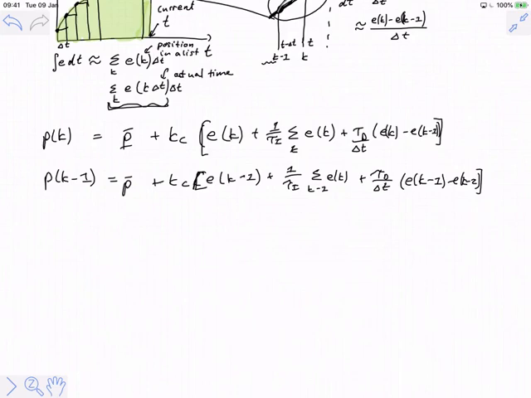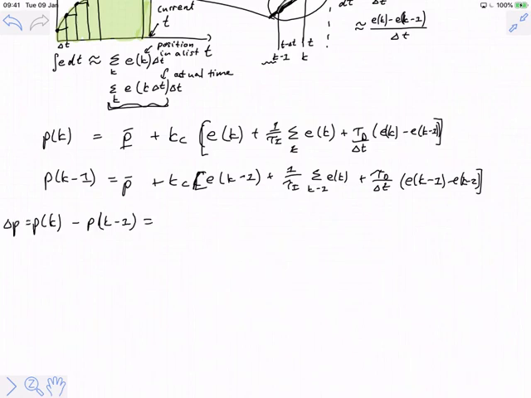Right? Now I can subtract those two expressions from one another in order to obtain an update so that I can find the change in p_k. And so I would then say p_k minus p_k-1, and that would be delta p, right?